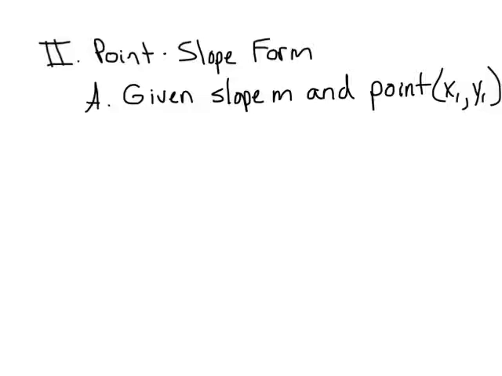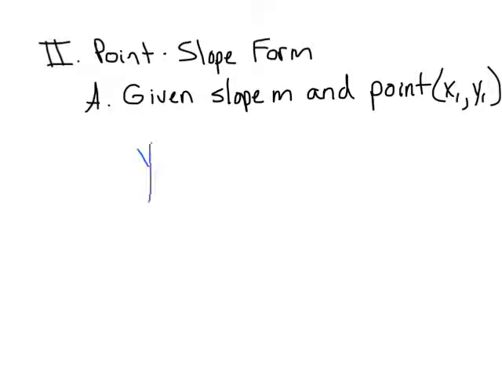Now, even though we use y equals mx plus b quite a bit, the one that you're going to use more often in calculus is called point-slope form. And it's actually a lot easier to write the line equation, especially if you're given the slope and a single point. So if you want to write the equation of a line with a slope m and passing through point (x1, y1), here it is. This is point-slope form.